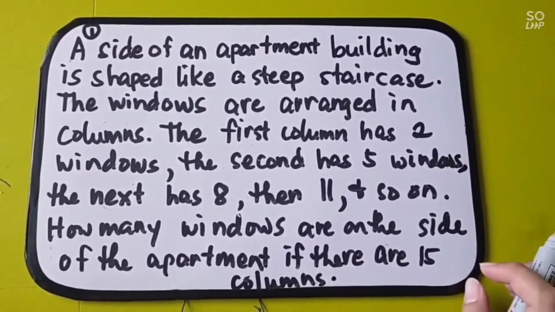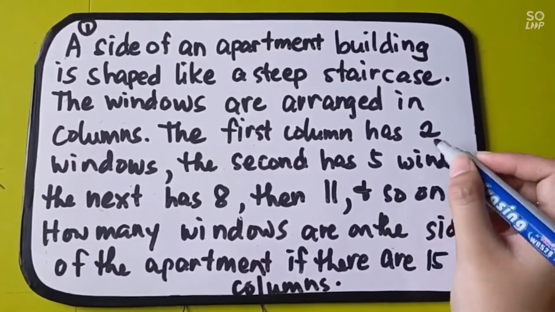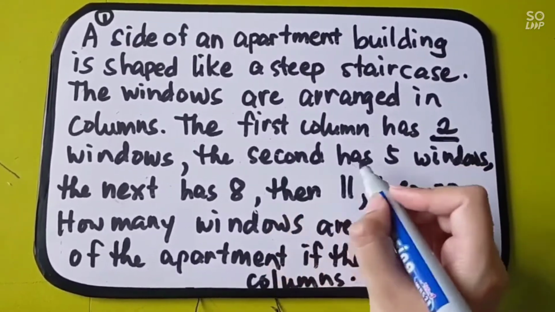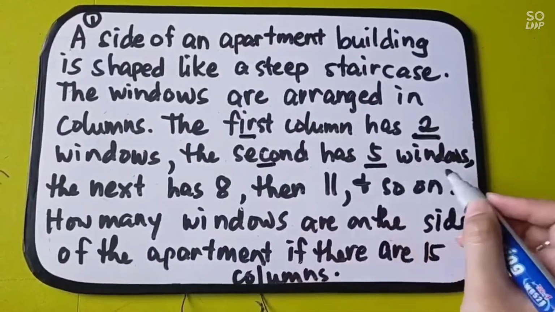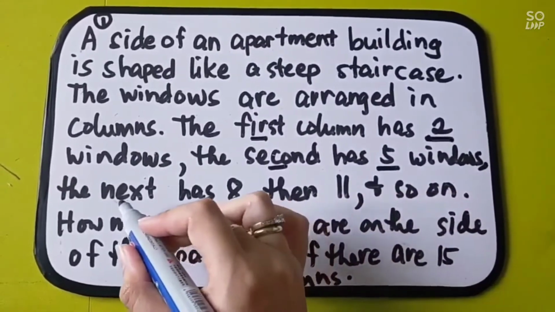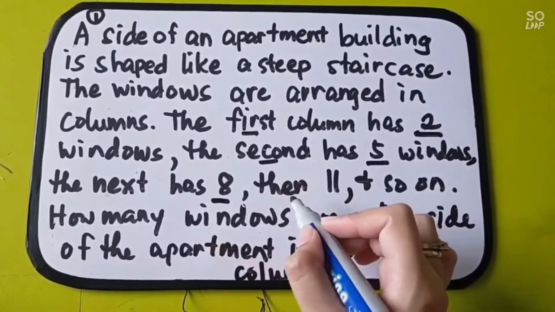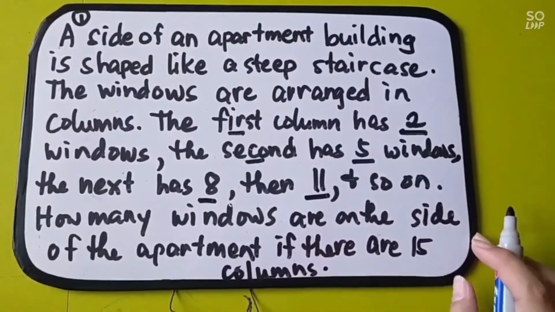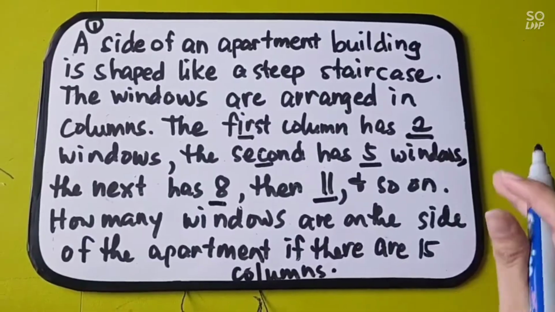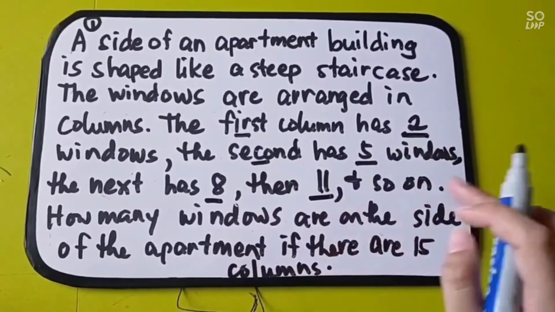So, in this case, tingnan mo muna yung given mo. Ang given natin, we have 2 windows sa first column. Then, in second column, we have 5 windows. And then, we have 8 windows. And then, dun sa susunod, pang fourth, we have 11. So, observe the given. We have 2, 5, 8, and 11.